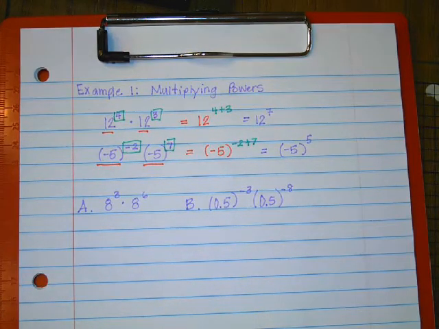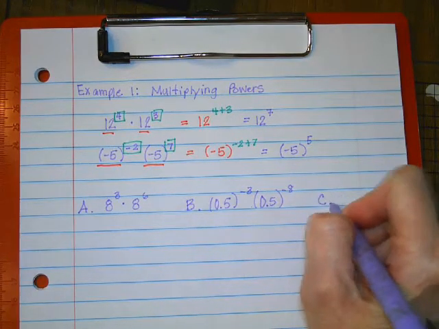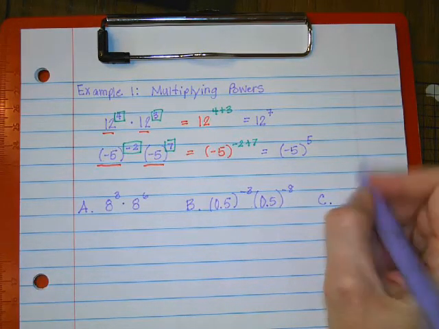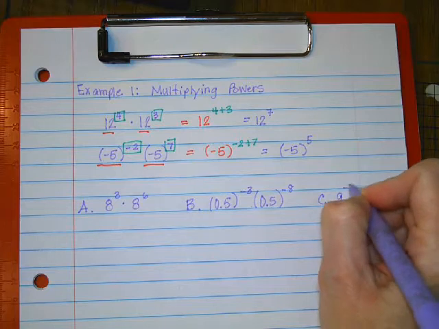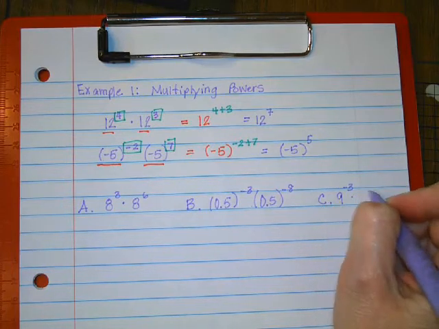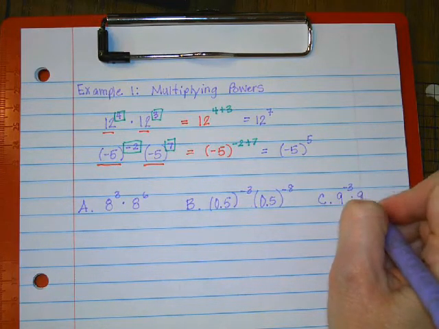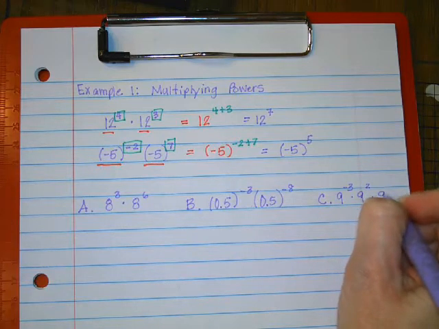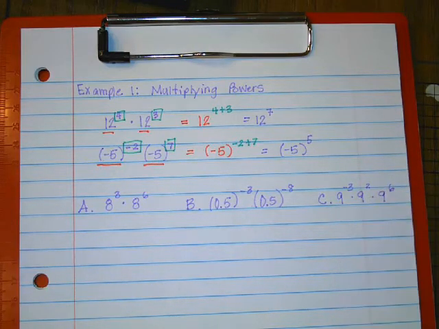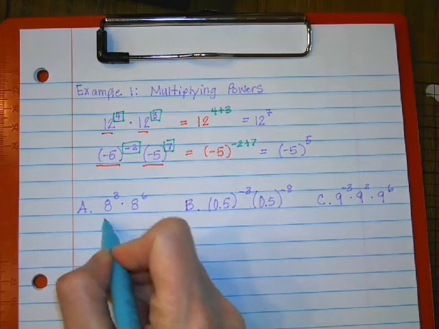And then our C value here is 9 to the -3 times 9 to the 2nd times 9 to the 6th. All right, so there are 3 problems that we're going to be looking at. Again, they do not want us to simplify. All they want us to do is bring down our base that they have in common and find out what our new exponent would be. That's it.